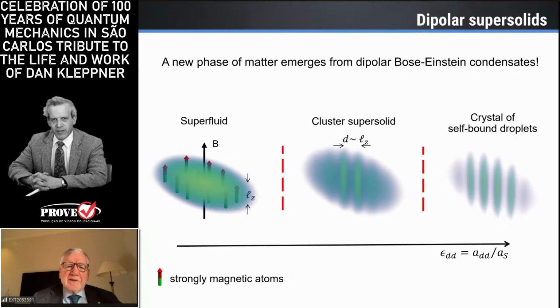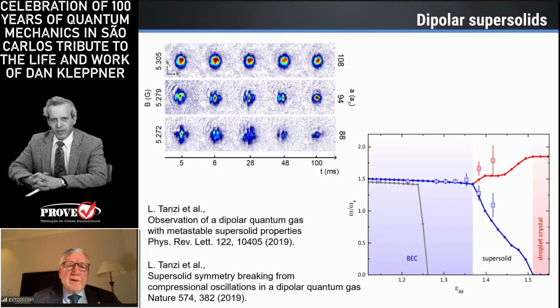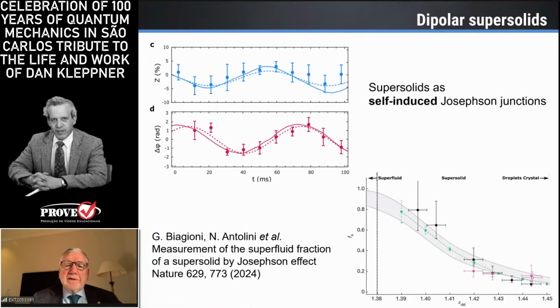So you can create what is called a supersolid, which was long predicted by theoreticians. This was something totally new when it was discovered. A supersolid means a superfluid, but in the presence of a periodic structure.